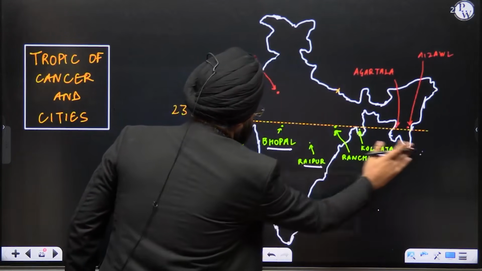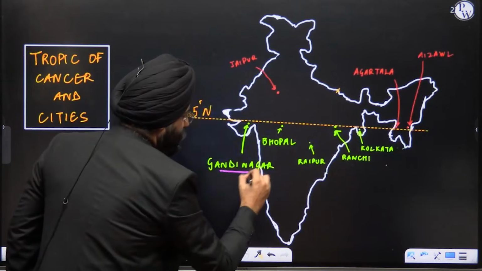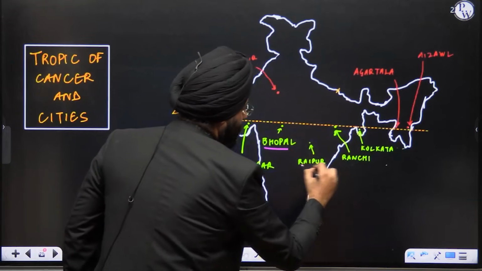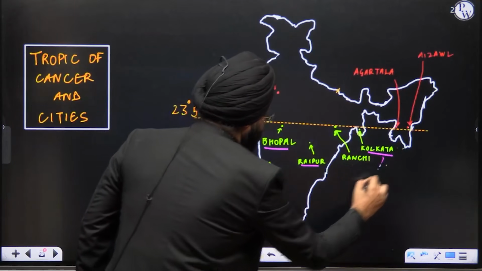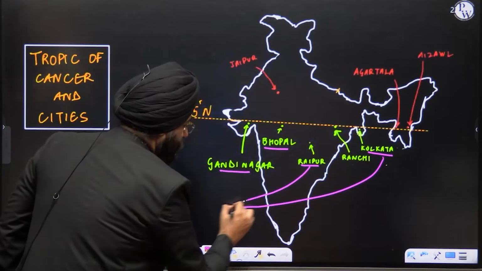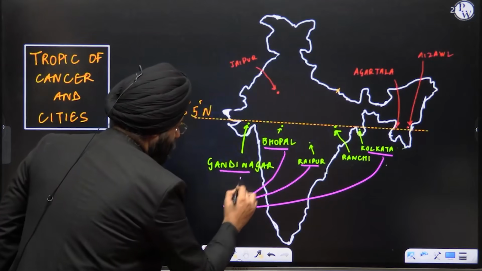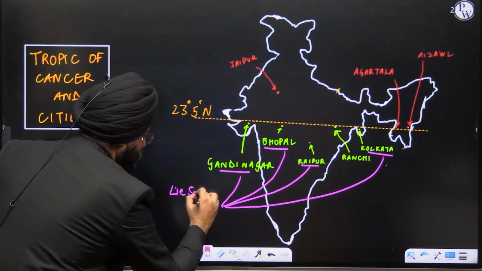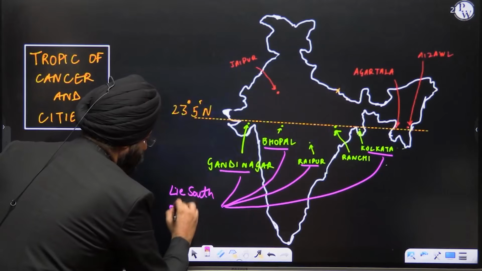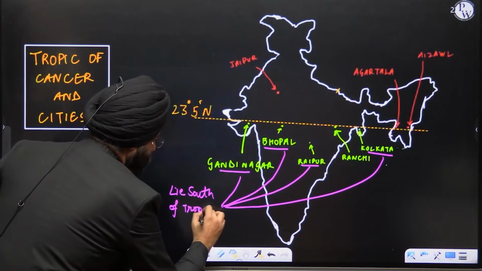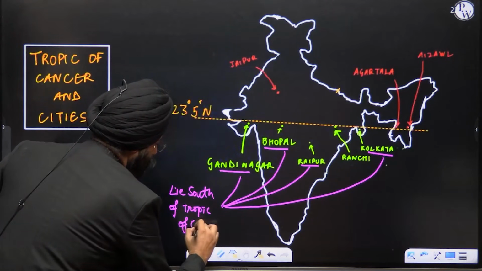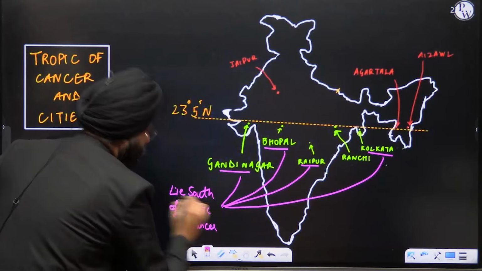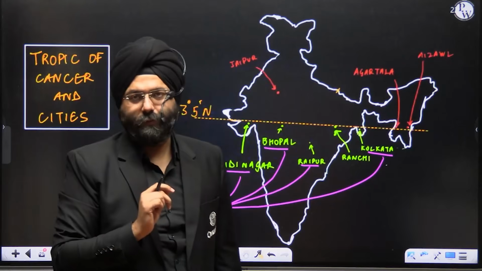Gandhinagar, Bhopal, Raipur, Kolkata. These 4 important places, what is the commonality? They lie south of the Tropic of Cancer.